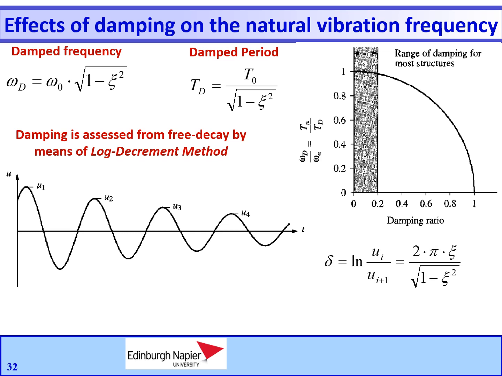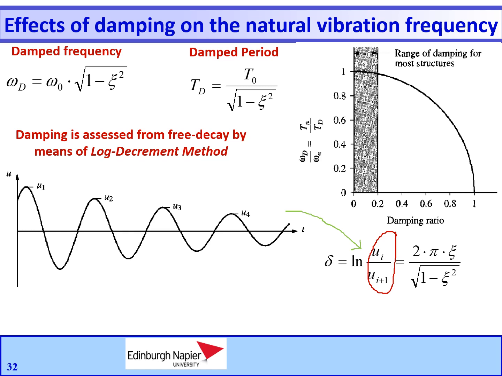The ratio of the displacement at time t to its value a full vibration period Td later is independent of t. We can plot the successive peaks, maxima of displacement, that are separated by period Td, and then formulate the ratio ui over ui plus 1.